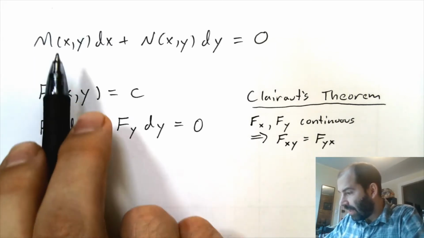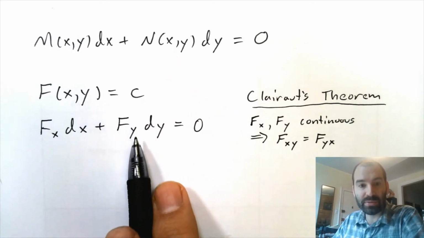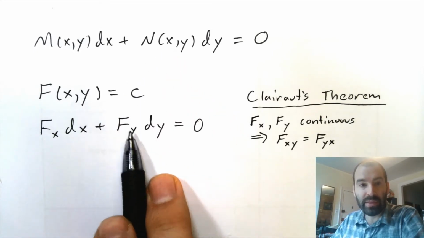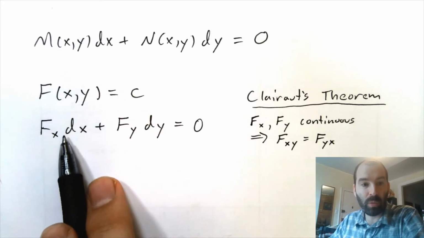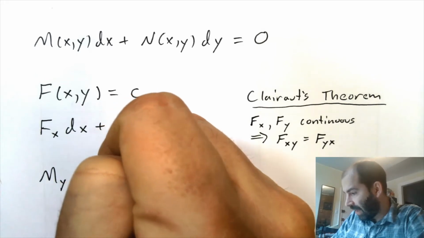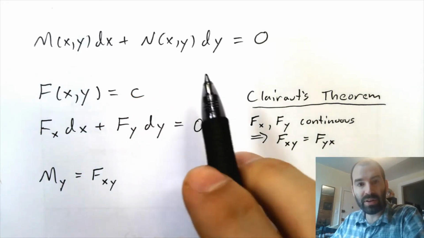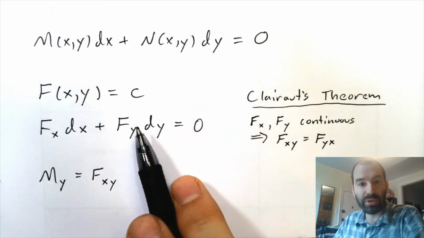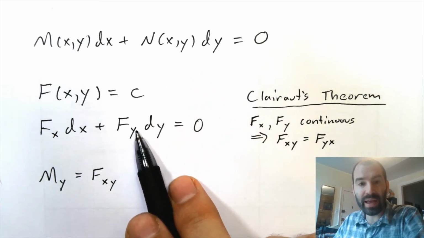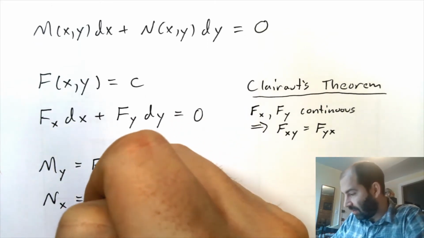You see, if M is really f_x and N is really f_y, then if I differentiate M with respect to y, M_y is going to be f_xy. And if I differentiate N with respect to x, then that is f_yx.